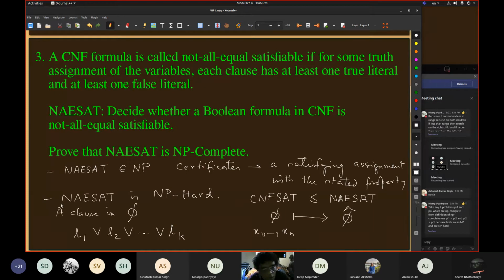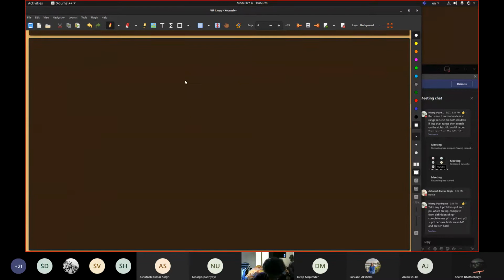So what I do, I introduce a new variable y. Change this clause to literal 1 or literal 2 or so on, literal k or y.